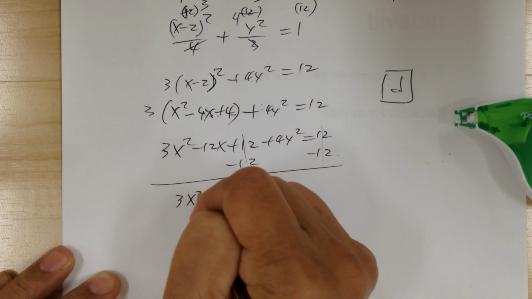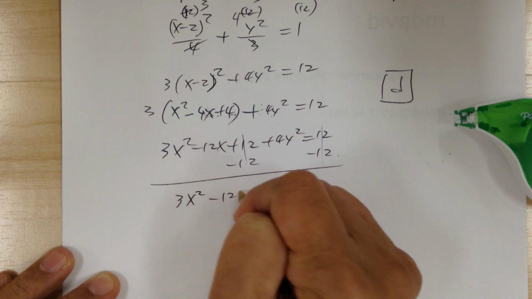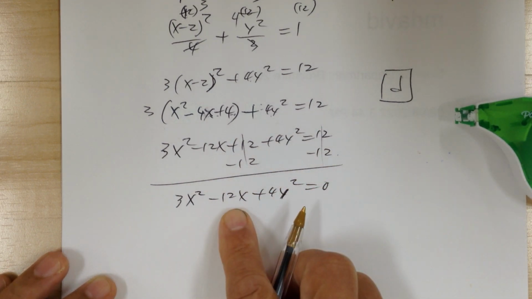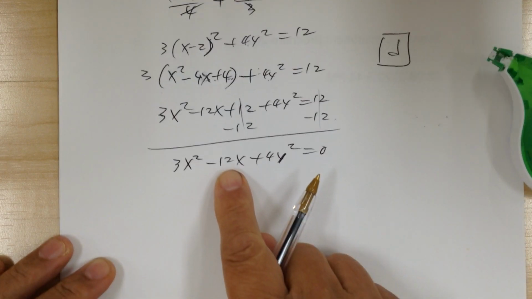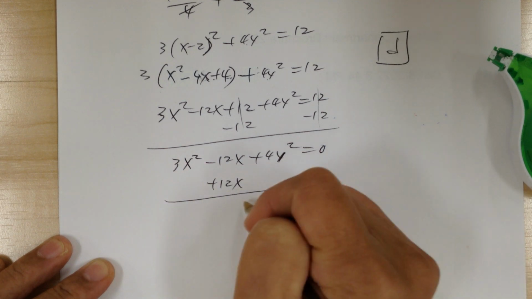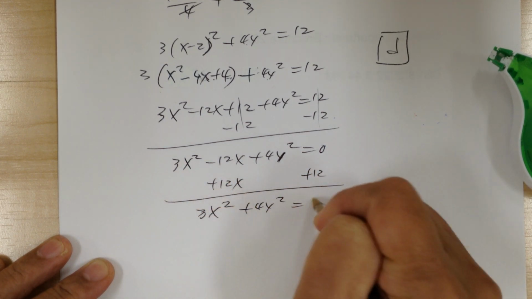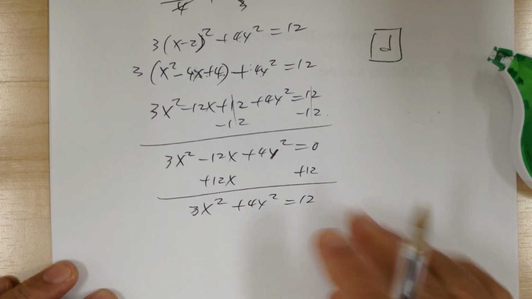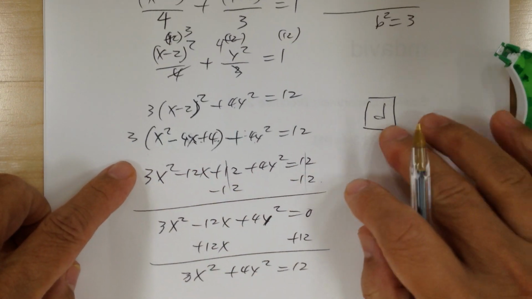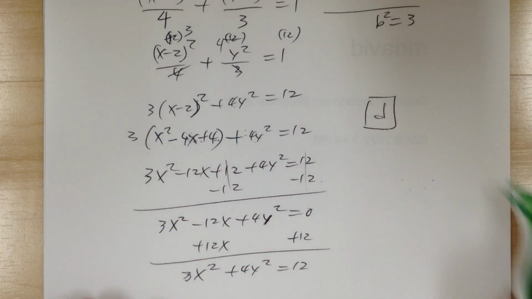So you got 3x squared minus 12x plus 4y squared equal to 0. And if you're looking for a book answer, you have to move this over. So you got 3x squared plus 4y squared equal to 12. But again, like I said, you don't even have to do this part. I recognize that the only answer that has a 3x squared and 4y squared is the D.